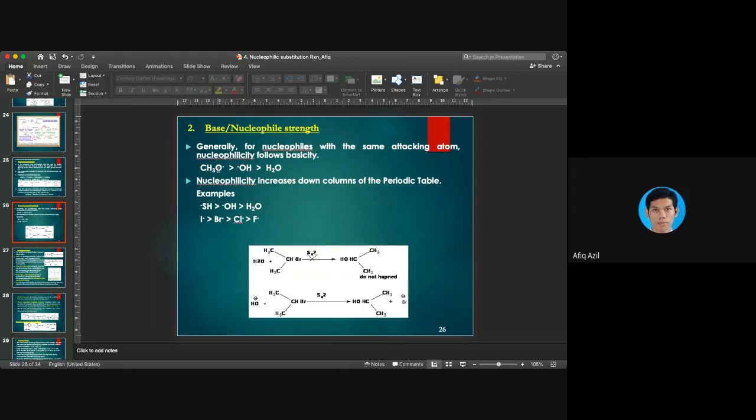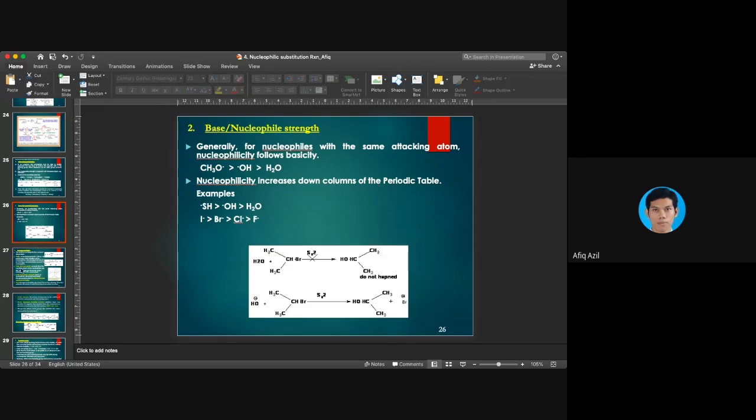So these two can be considered strong nucleophiles, but water normally is a weak nucleophile. And then you have SH negative. Or in terms of halogen, iodide has higher nucleophilic strength compared to bromide, chloride, and fluoride. This list you can add on your own from textbooks or online references.